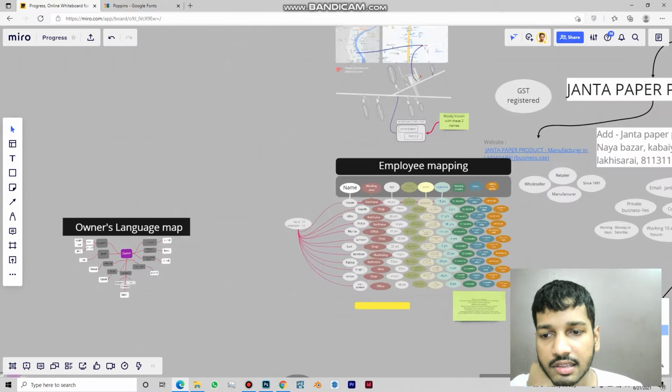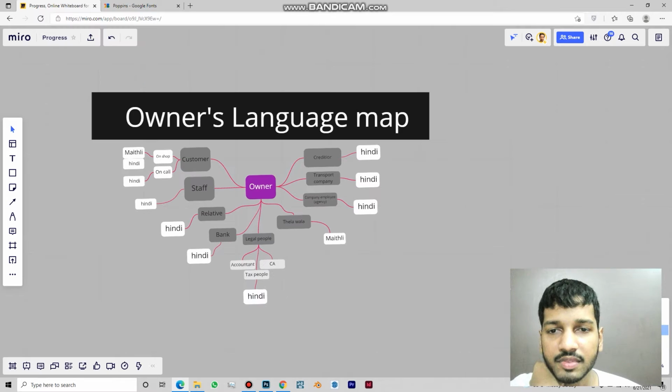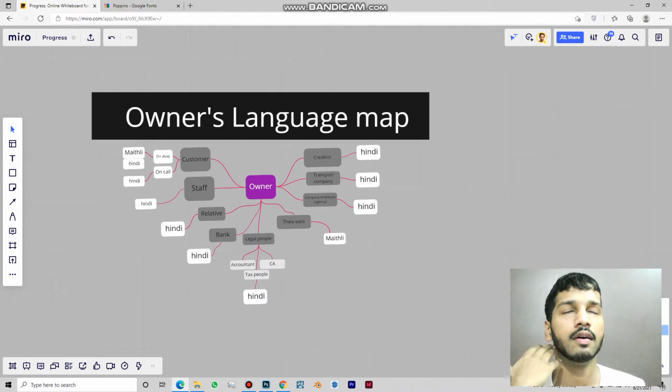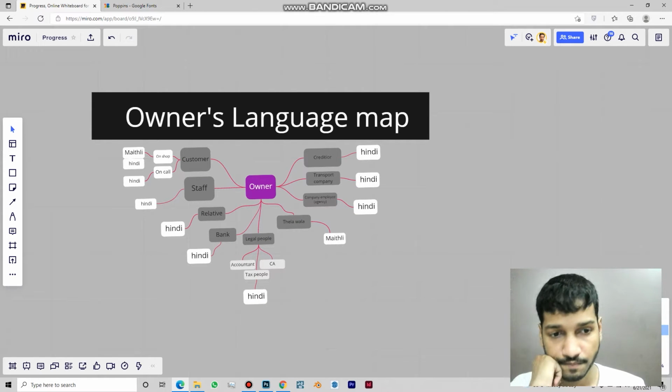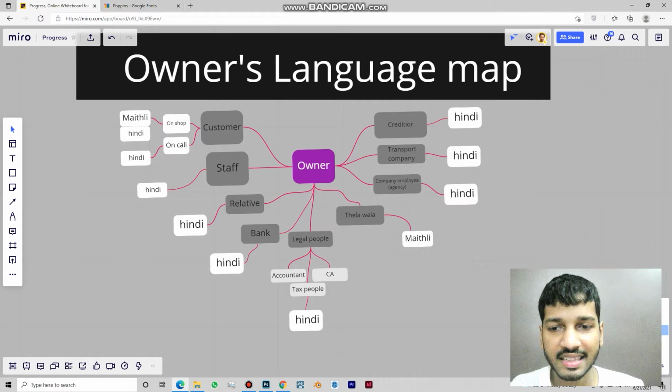Okay, so this is the owner language mapping. The owner talks with employees, customers, relatives, the bank, and different people in two languages basically. With customers in the shop she talks in Maithili and Hindi.